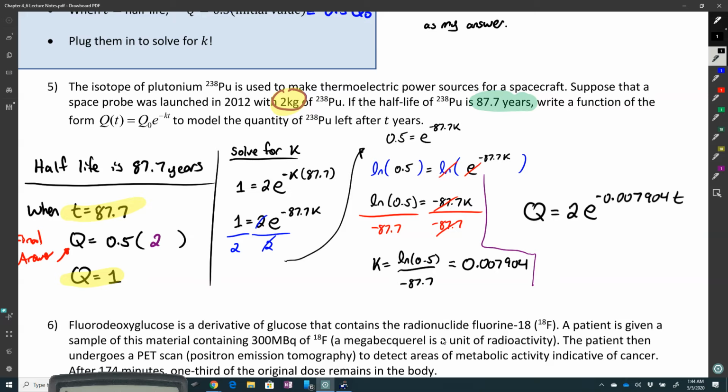Remember, the negative was part of the formula. I'm just repeating this formula with my Q naught, and the whole point was to figure out what K was. Once they give you the half-life, you have enough information to figure out K.